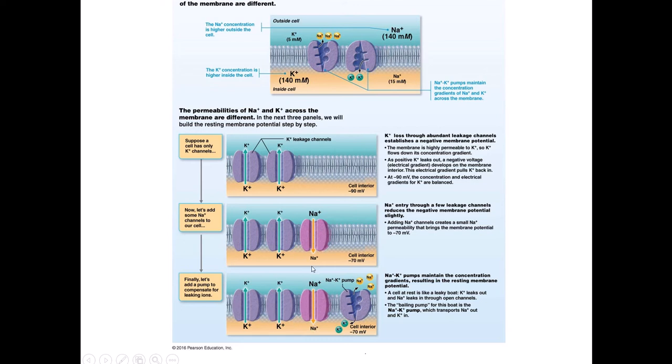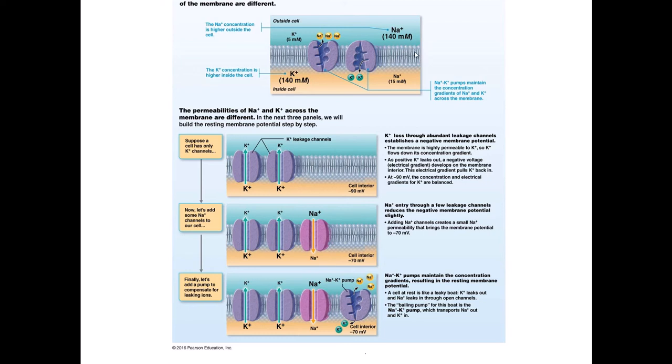So some sodium diffuses in while some potassium diffuses out. But since we have more channels for potassium, we lose more potassium than we gain in positively charged sodium. And so that results in a negative potential on the inside of the membrane versus the outside of the membrane.